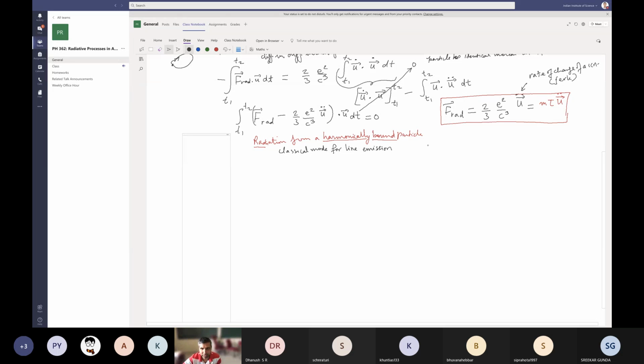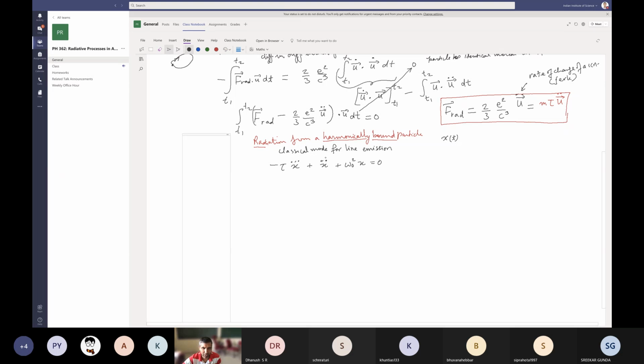Okay, so let's see. You assume that x is the displacement of a harmonic oscillation. So what is the equation for such an oscillation? Let's write this down. Minus tau x triple dot. First let me write it down and then talk about it. x double dot plus omega naught squared x equal to 0.